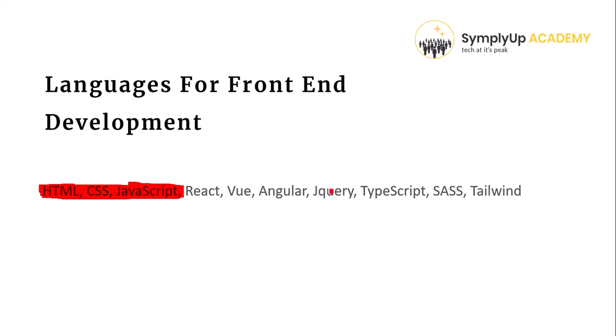Some of these advanced languages of front-end web development: Angular, jQuery, TypeScript, Sass, Tailwind. You can choose to read up by yourself on what each of them means. But for now, we'll just stick with what we're covering in this program: HTML, CSS, and JavaScript. This is just to let you know that outside HTML, CSS, and JavaScript, there are other programming languages for the front end that do exist.